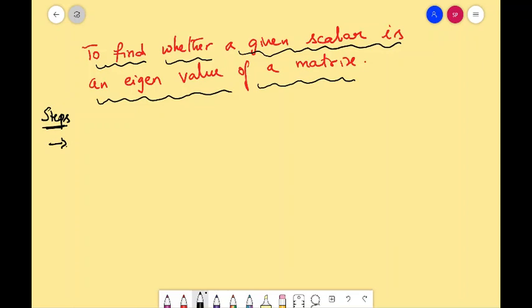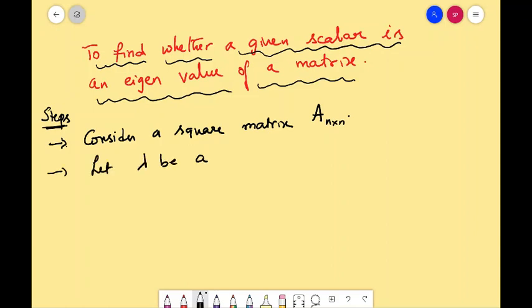Number 1, consider a square matrix A, n by n, and the second one, let lambda be a scalar.